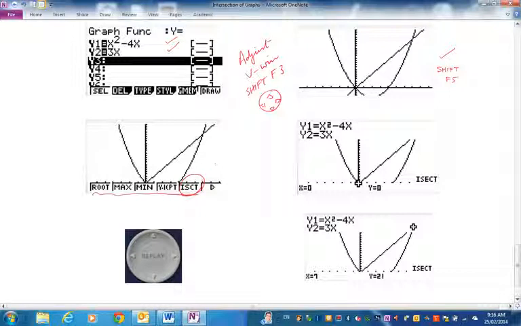So let's have a look at what happens if you do that. It pops on the first point of intersection there and tells you its x is equal to 0 and y is equal to 0. So that's nice and easy. Then the next thing you might do is push this button to go across to the other point of intersection, and that's at 7, 21.